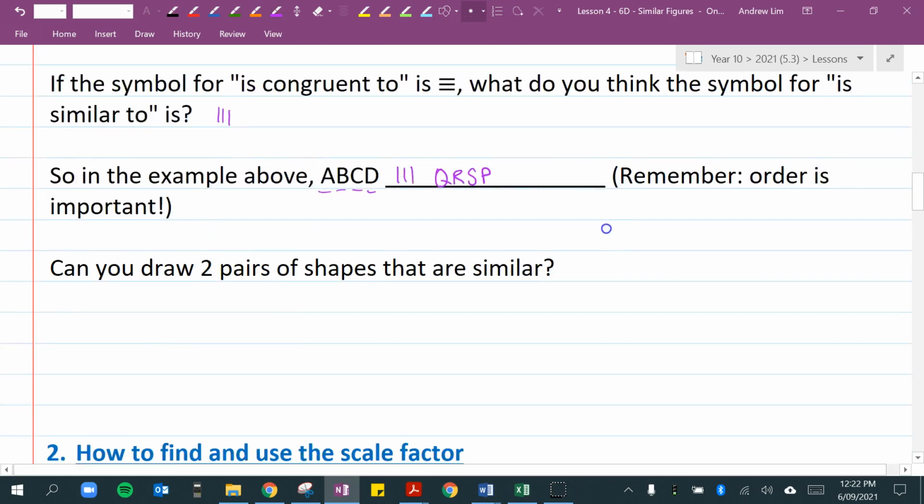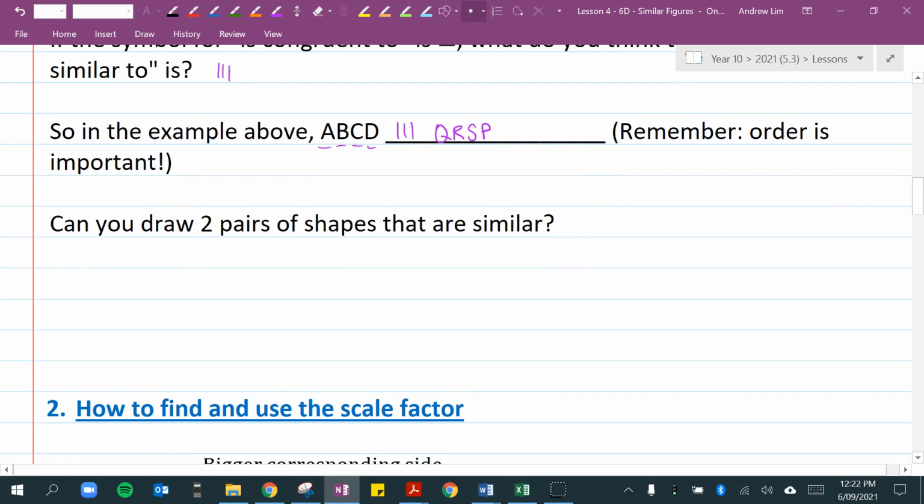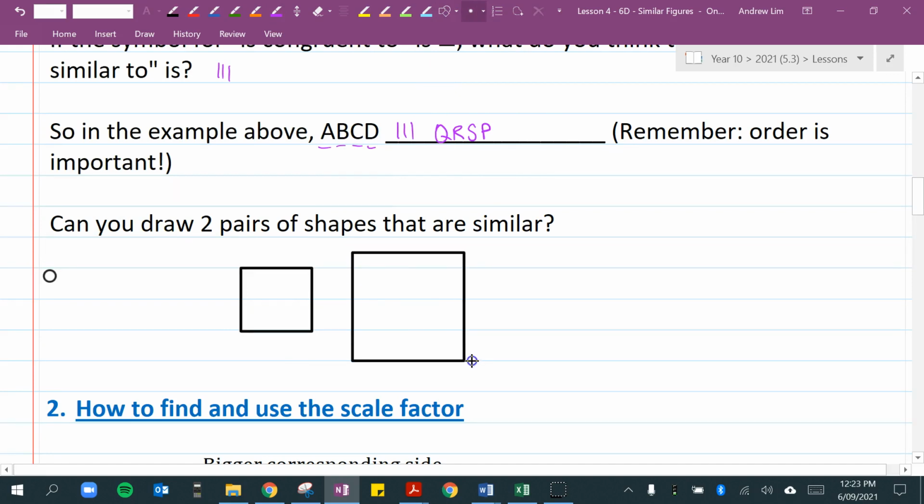Alright, can you draw two pairs of shapes that are similar? I'll get you to pause the video and have a go at this yourselves, so you can create two pairs of shapes that are similar. Well, if you are like me, someone who's pretty lazy, you will know that all squares are similar. So let's say that's a square. If I were to just draw a bigger square, then they are similar.